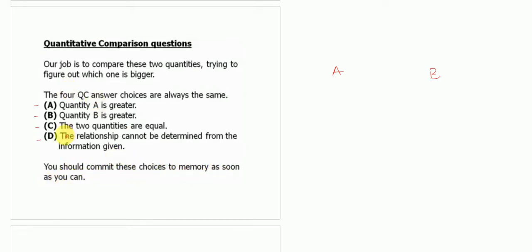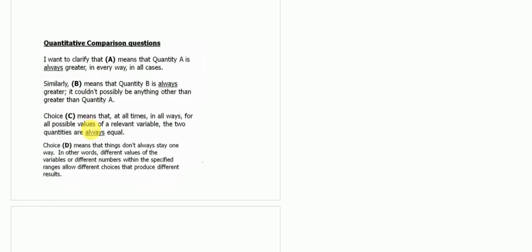During the test, as I've already emphasized numerous times, time is very short. So you don't have the luxury to think about what each and every option means. So it's better to memorize or understand properly what each option means.